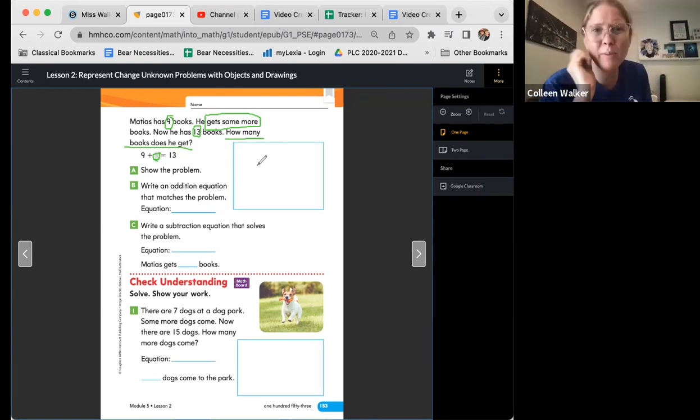So we need to show the problem. Before we show the problem, I want to ask you a few questions. What can you tell me about this problem? What do you know about it so far? Yeah, so Matthias has 9 books and he got some more and now he has 13 books in all. So we have to figure out how many more books he got.